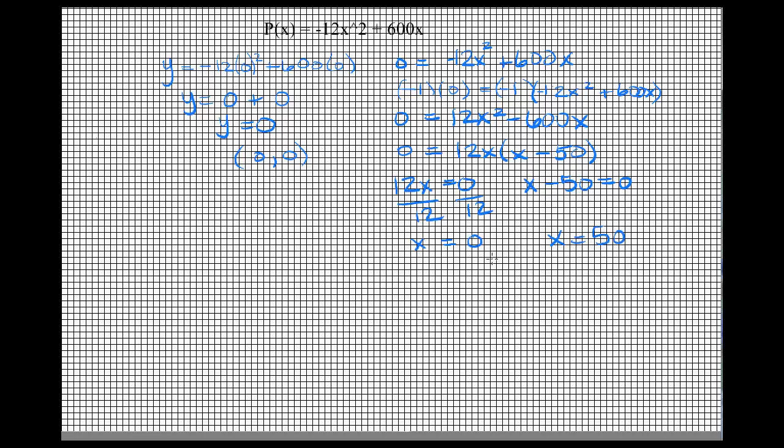So we have two x-intercepts. Remember y was 0. So the first one is (0, 0), and the next one is (50, 0). Over here we have our y-intercept, and over here we have both of our x-intercepts. I'm going to go ahead and clear this screen.